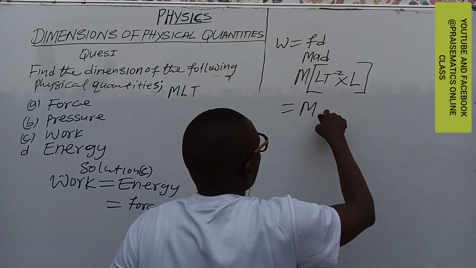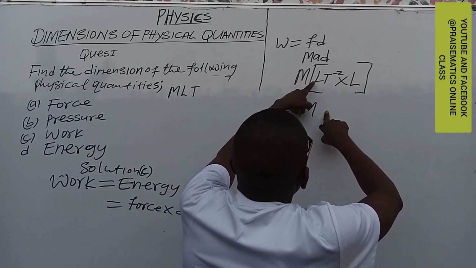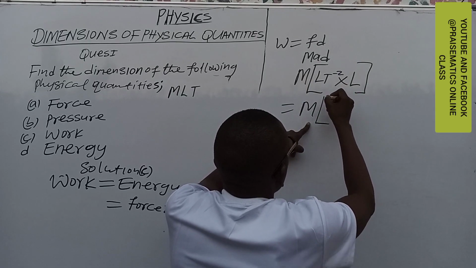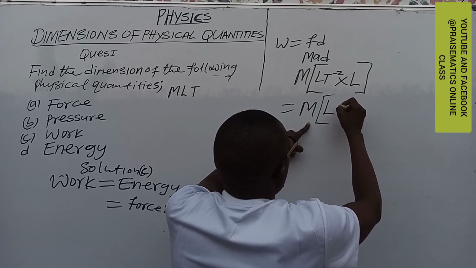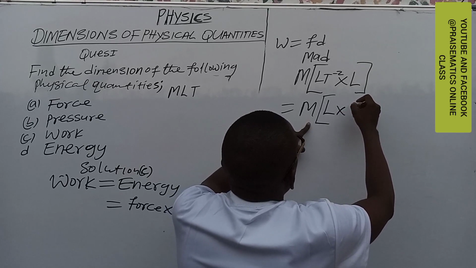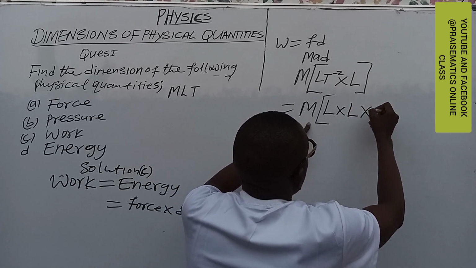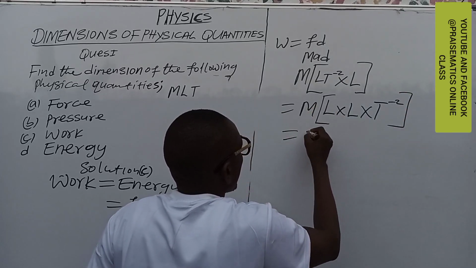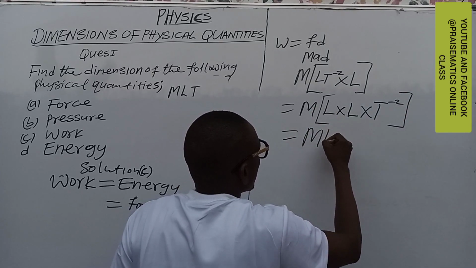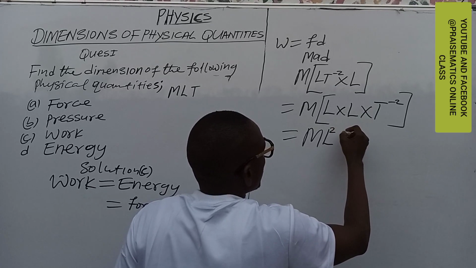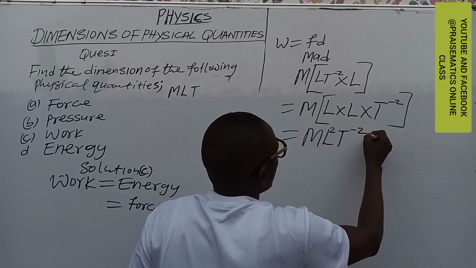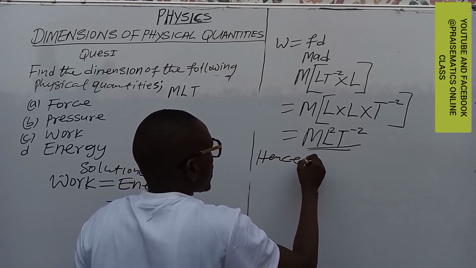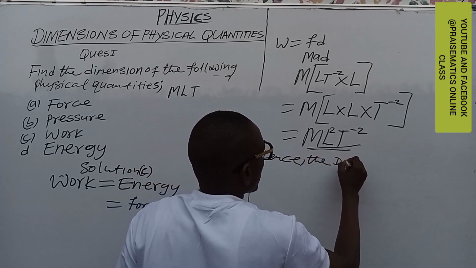M, and collecting like terms, L times L times T raised to the power minus 2. Now what do we have finally? M into L squared, T raised to the power minus 2. And that is it.